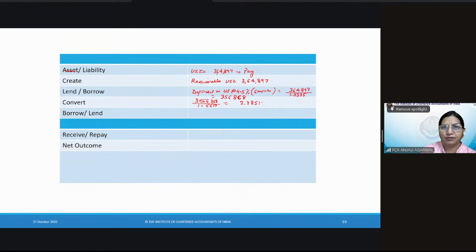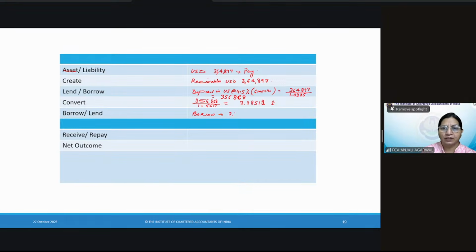28,512 pounds. Once again, you can take the higher number. So you will need 2,28,513 pounds. So you will borrow this. We don't have it. If we had the money now, we could have paid right away.